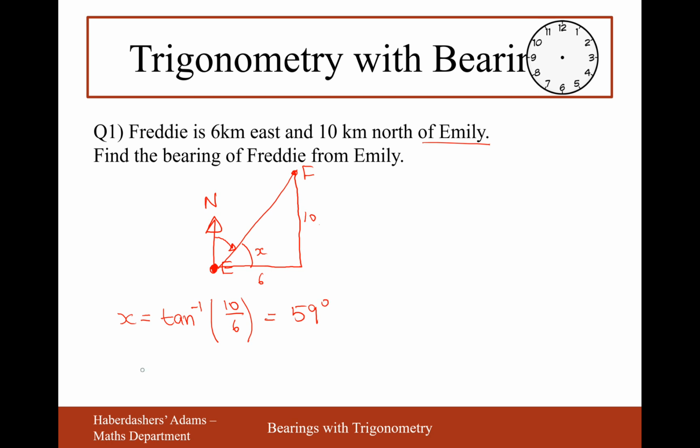But the actual answer to this question will now be 90 minus 59 degrees. So 90 minus answer, which will give me 31. So the actual answer here is 031 degrees. Remember, bearings have 3 figures. If you've got just 2 figures, you put a 0 at the front. So 031 is the answer.